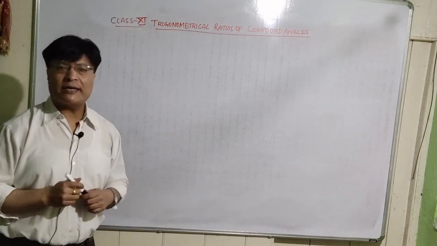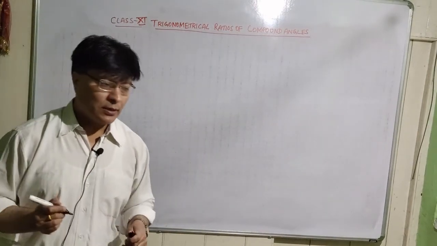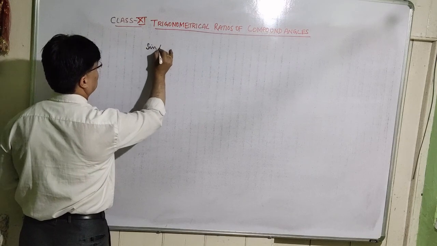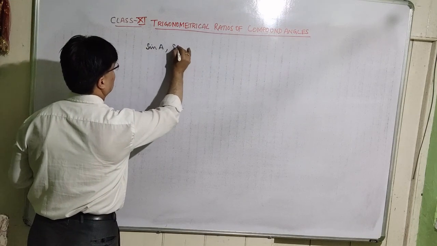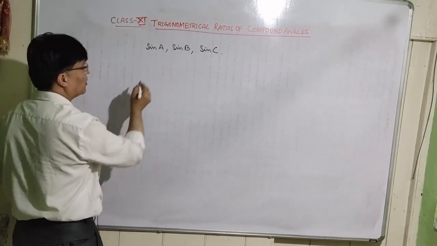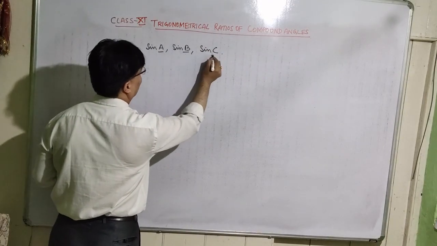So what is meant by compound angles? You know that if you write only sine A, sine B, sine C, etc., all these are single angles, isn't it?